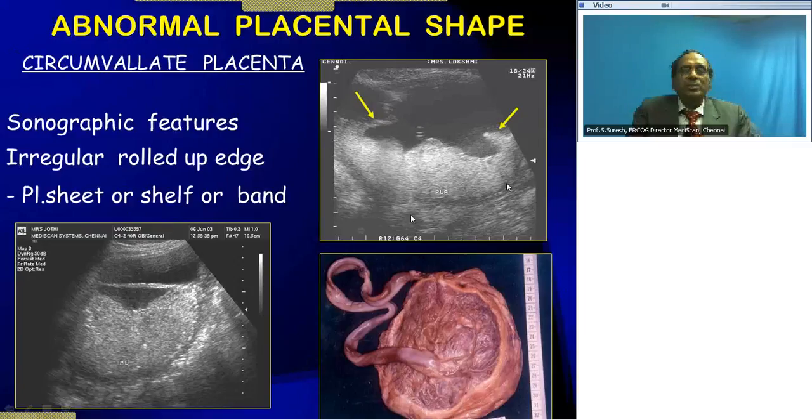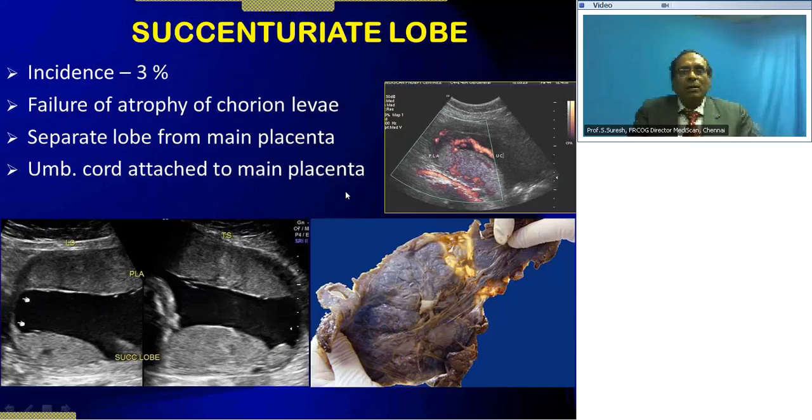These are very typical circumvallate placentae, which carry an increased risk of miscarriage, or increased risk of abruption.